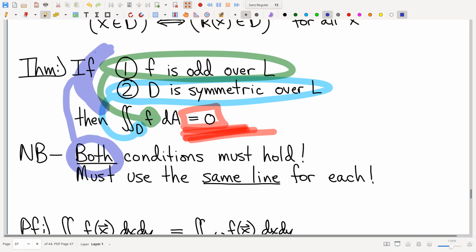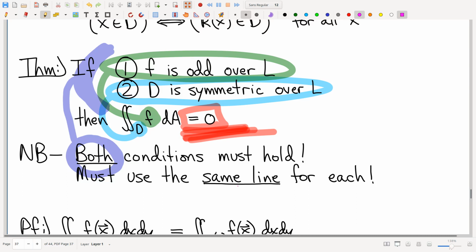A lot of students will mess this up. They see a symmetric domain, and they're like, ooh, symmetry. I'm going to use symmetry. Awesome. This is going to be the greatest. I'm just going to declare this to be 0. If your domain is symmetric, but your function's not odd, you've got nothing. Half of the conditions is not half as good. It's just nothing. So do be careful that you check both of the conditions.